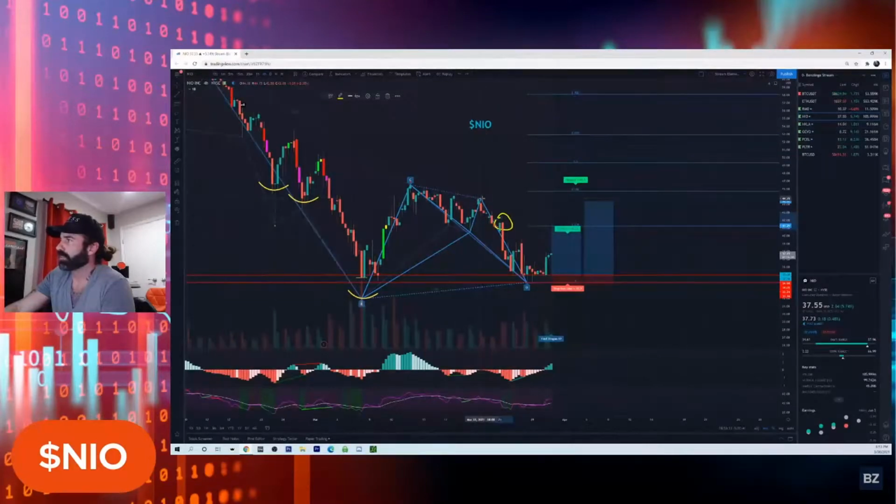I could go right up to the top, but I feel more comfortable because of this wick here. I want to get out a little bit below where everyone else might be looking, or where traditionally, textbook, that would be a target. I want to get out a little bit early.